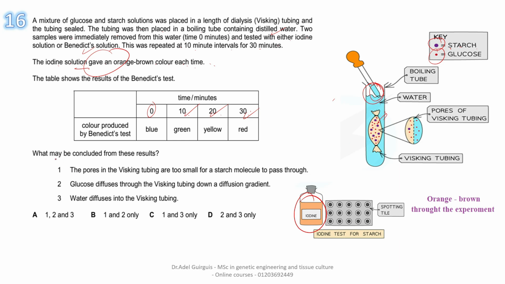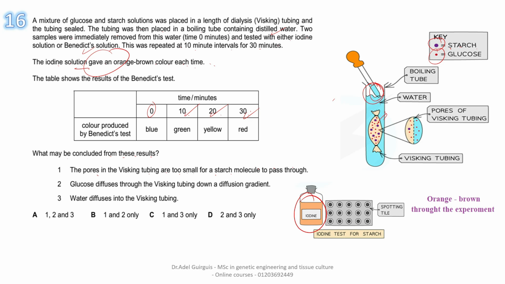So what may be concluded from these results? The pores in the dialysis tubing are too small for starch molecules to pass through. Yes, right. Glucose diffuses through the dialysis tubing down the diffusion gradient, from high to low, from inside to outside.